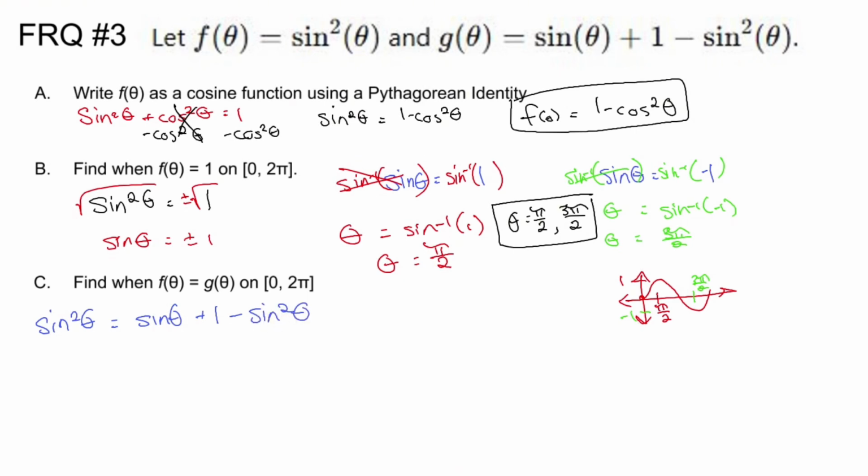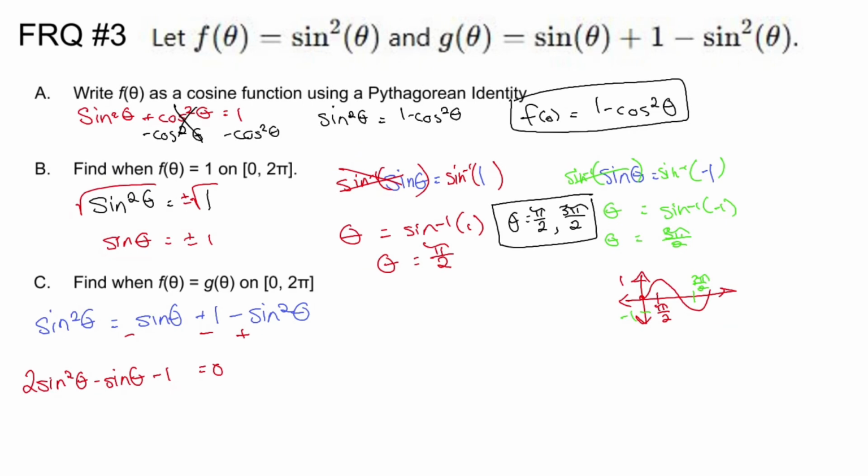I want to move everything to the left by adding sine squared theta to both sides. Sine squared theta plus sine squared theta leaves us with 2 sine squared theta. Then we have on the left now minus sine theta minus 1 equals 0.